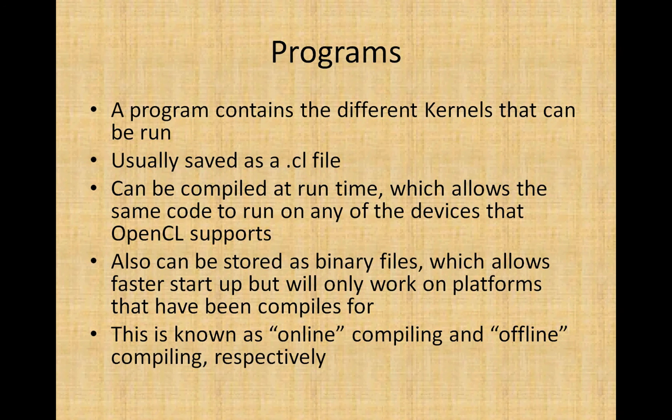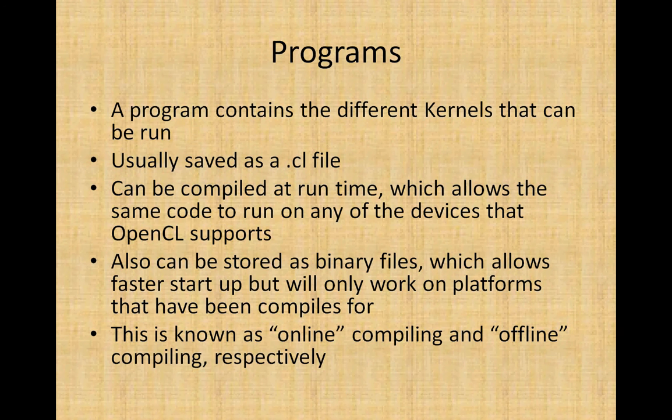Offline compiling has the advantage of being a lot faster, because you don't need to compile your code every single time. You can just have a binary file there. It also has the advantage of you not actually having to include your code with your program, which some people wouldn't like.